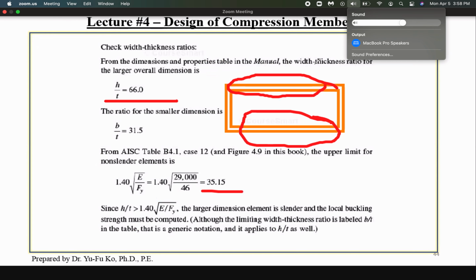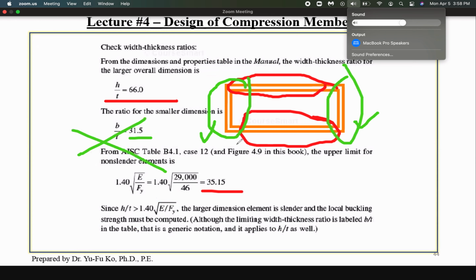But for these two smaller elements in the cross sections, this number is less than 35.15. So these two I mark in green are not slender, stiffened elements. So local buckling will not occur in these places, but the local buckling will occur in these larger elements in the cross sections.